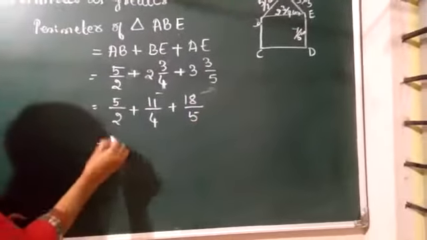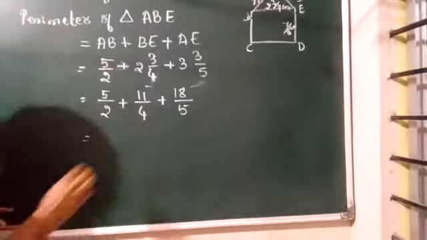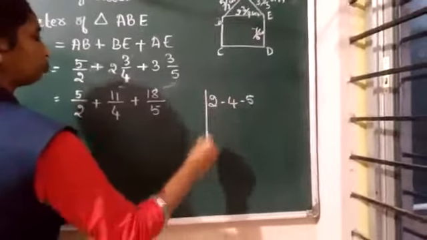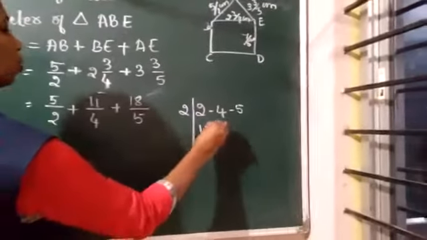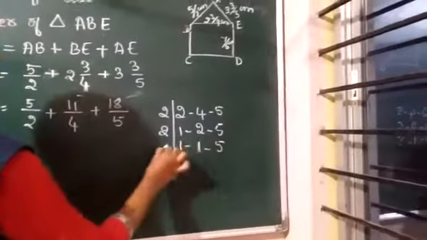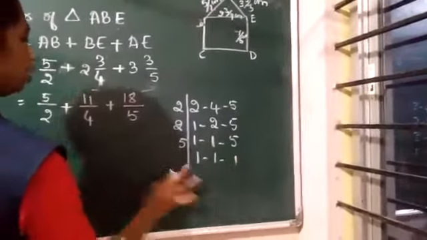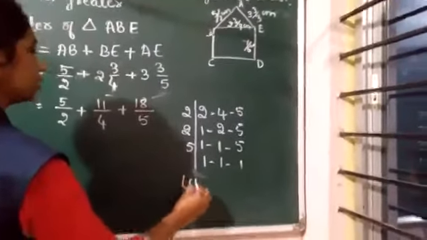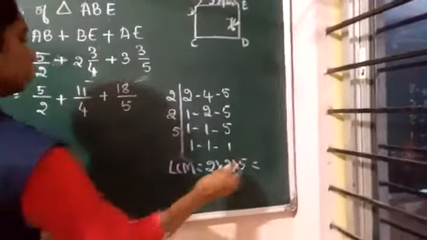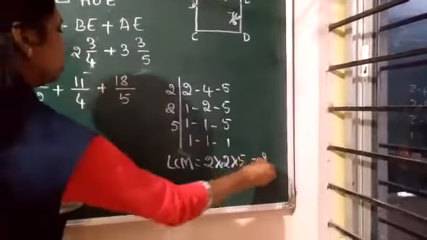Now the denominators are different, so we should take the LCM of 2, 4, 5. LCM is equal to 2 into 2 into 5, means 2 2s are 4, 4 5s are 20.